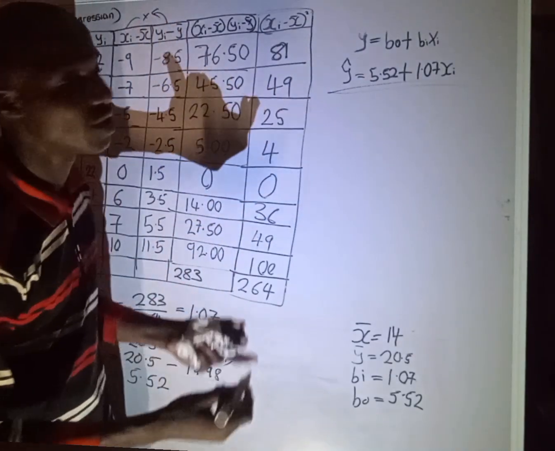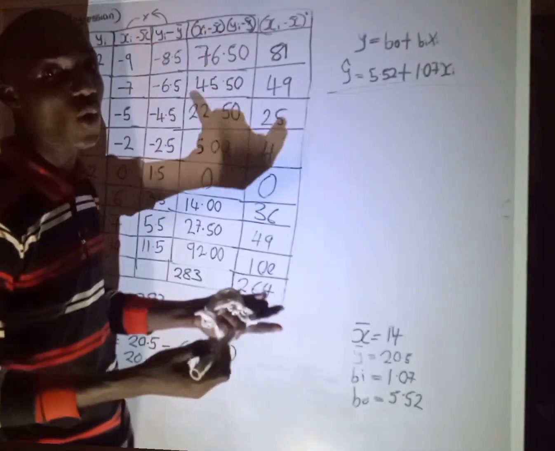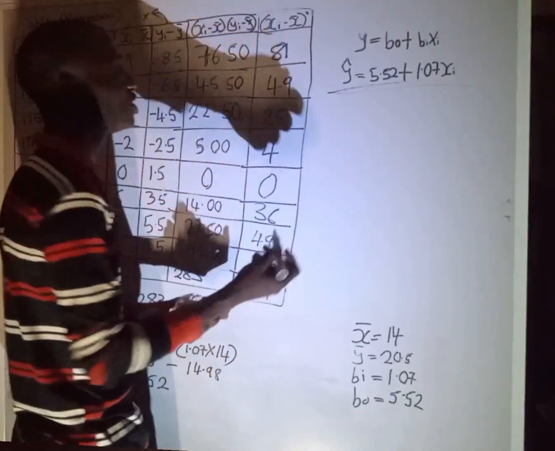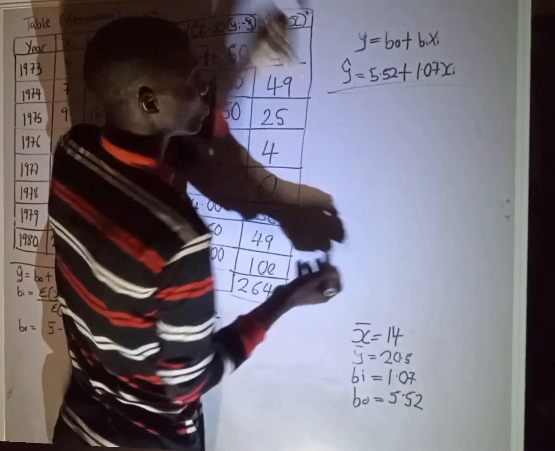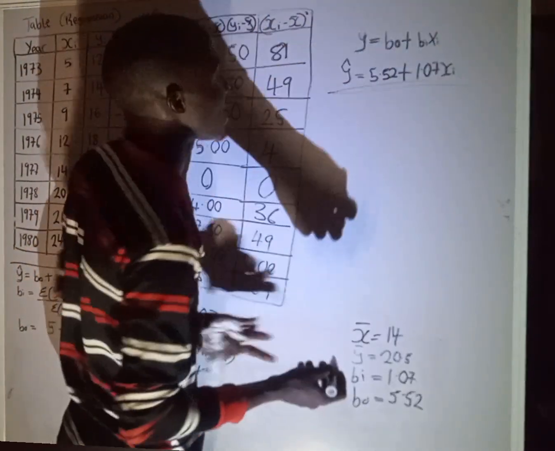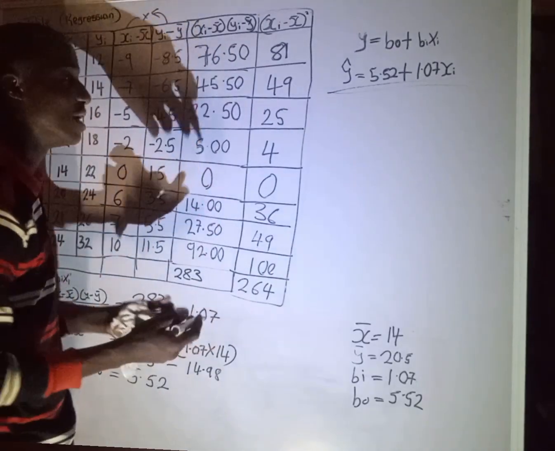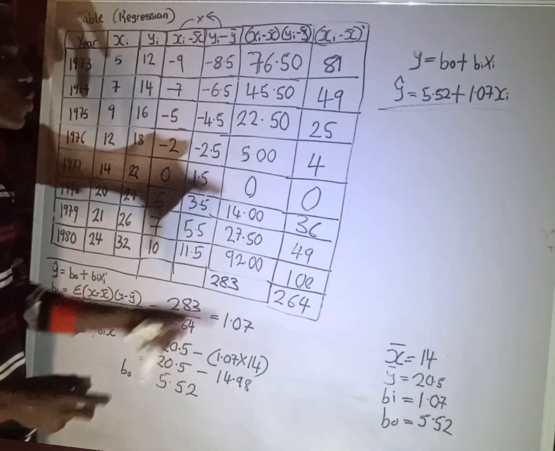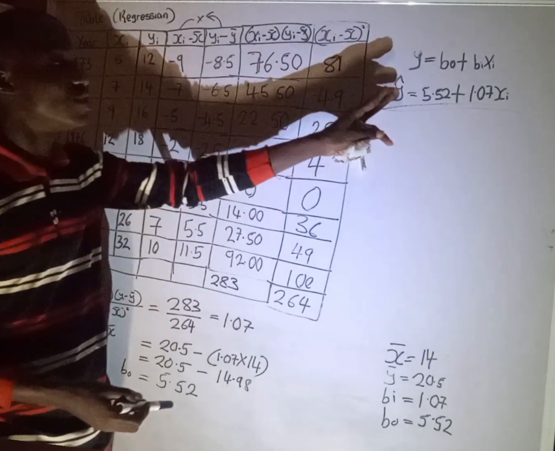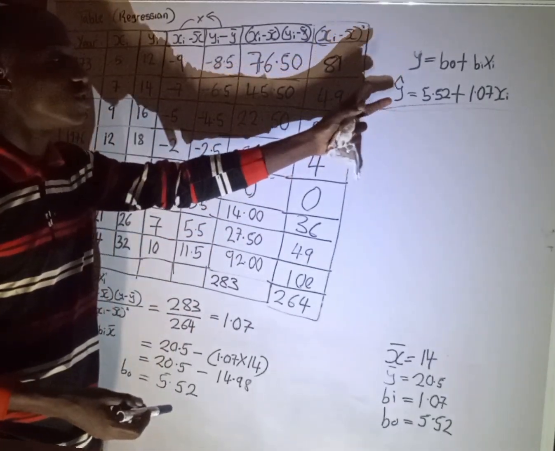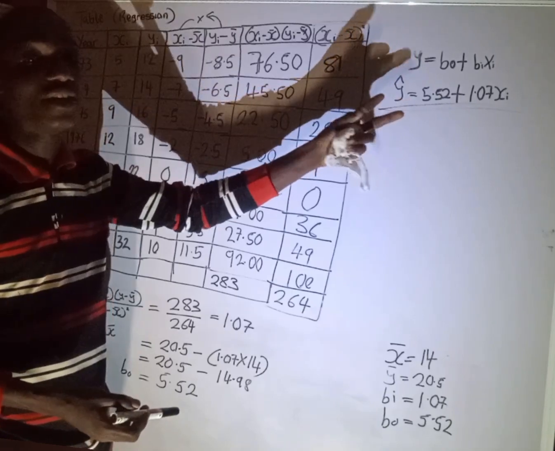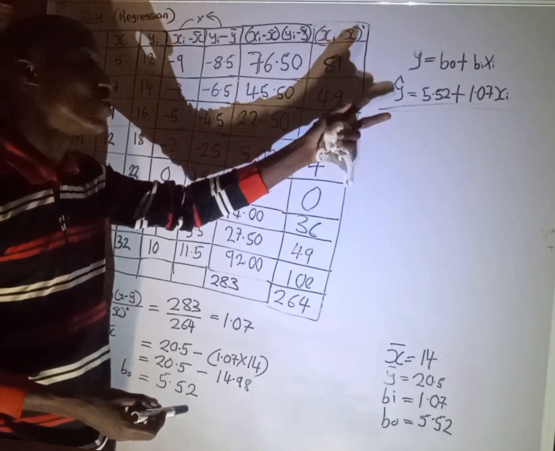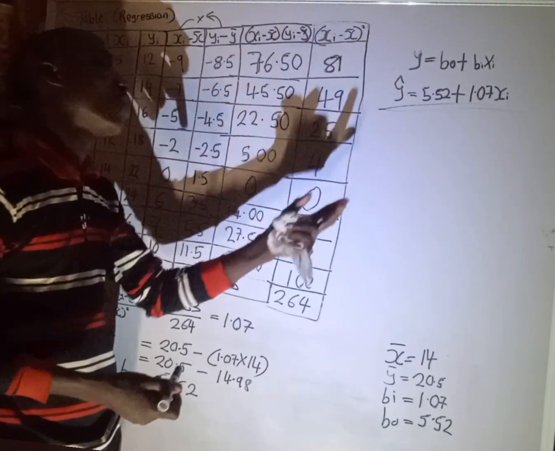Assuming that they gave us 12 kg of fertilizer and we should calculate the predicted output of maize, what I'm going to do is just substitute those 12 into this xi and get the predicted value of y. Now we have come to the end of the first question, which is to find the regression equation.